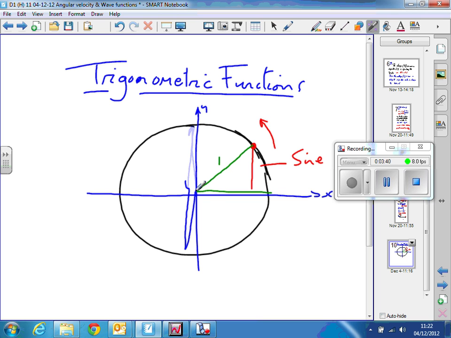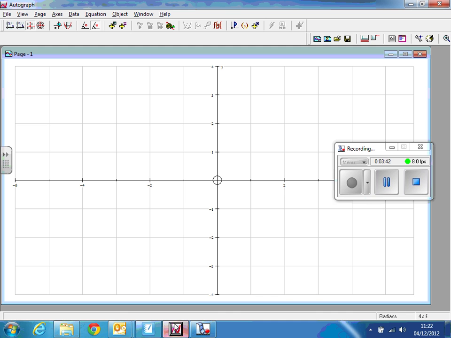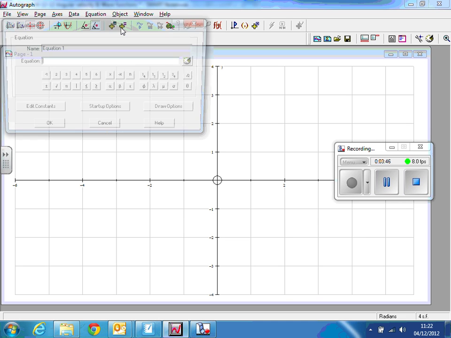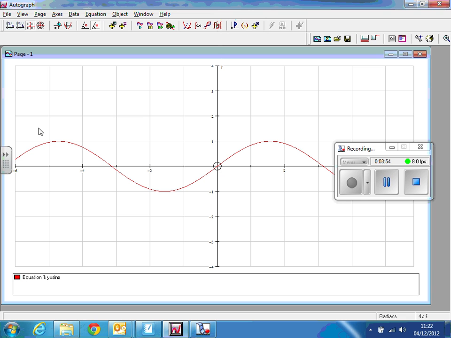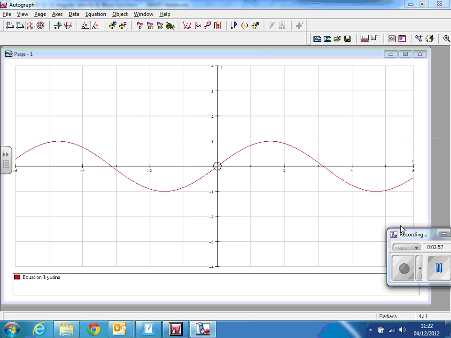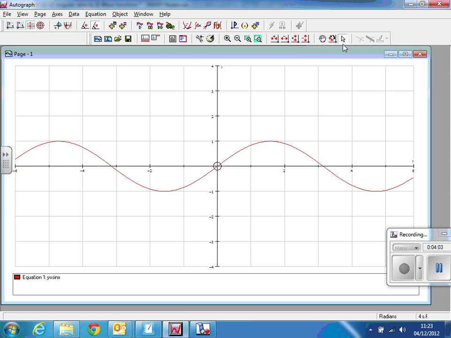If I show that on Autograph, I go y equals sine x, which you literally type in, S-I-N, sine x, hit OK, and I see the sine function. Now, I can drag the graph across with the hand tool.